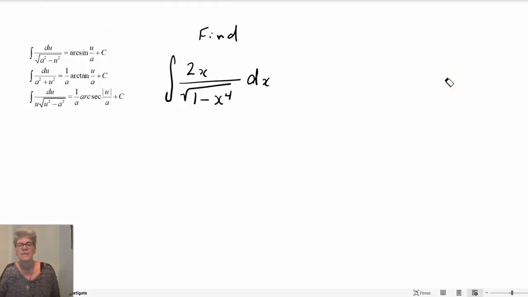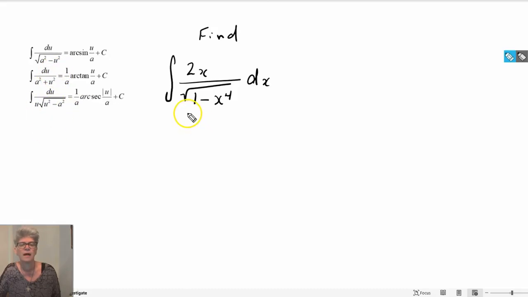Okay. So when I'm looking at this, the first thing that I notice about these templates is that I've got a u squared in those templates there.